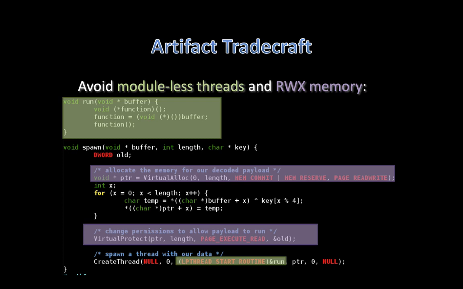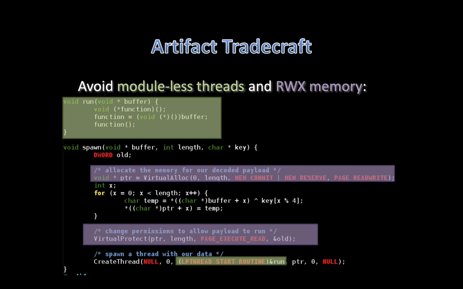For avoiding a modulus thread, in this case, I do have a need to create a thread. That's why I'm not just casting my allocated memory to a function pointer and calling it. Instead, I create a thread, and I have it call a function inside of my executable called run.